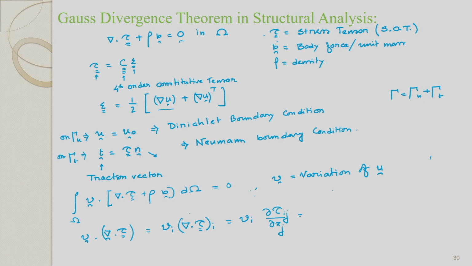Now, we can further write this expression as del xj of this whole quantity minus, and we have used nothing but the product rule.